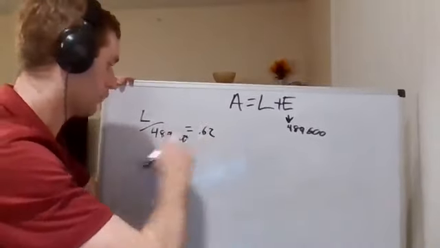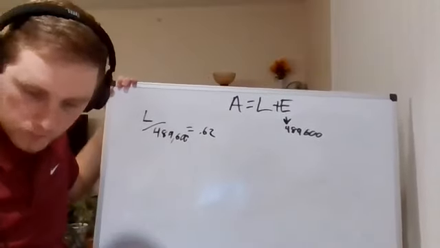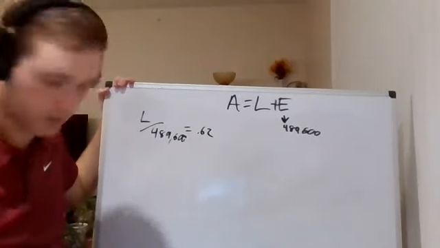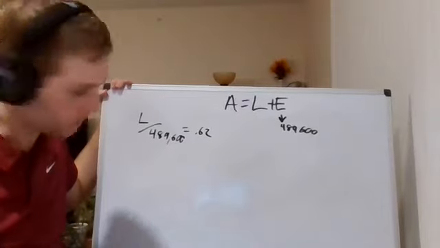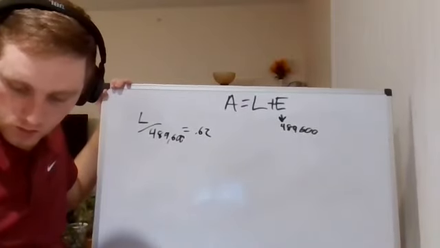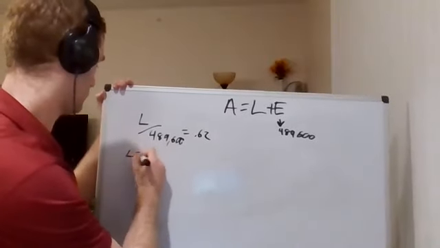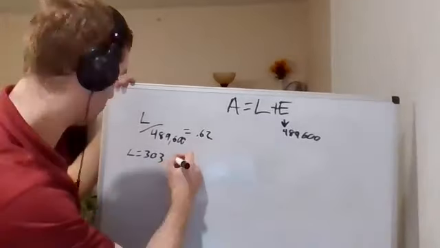We do this by multiplying both sides by 489,600. So 489,600 times 0.62 equals 303,552, which means L equals 303,552.